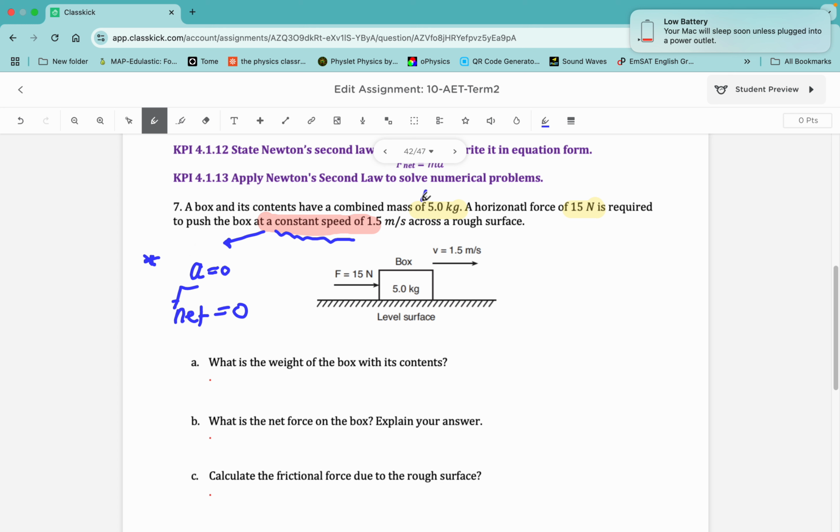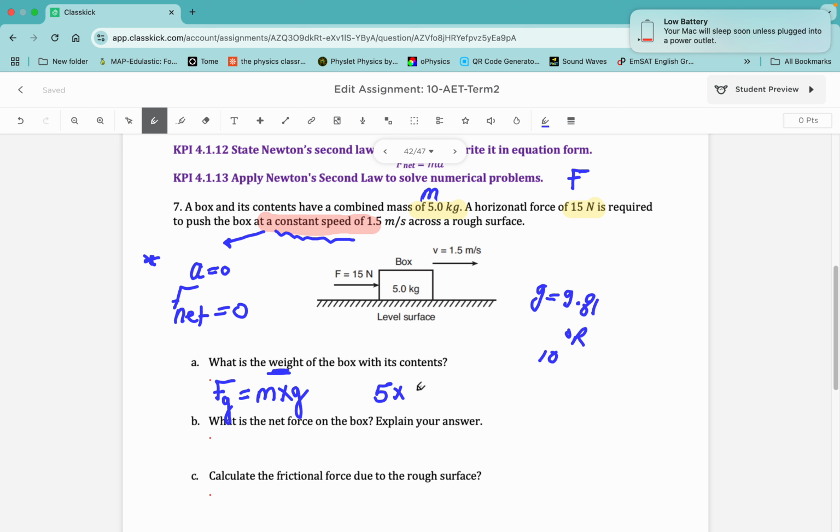So we have, this is the mass, this is the force, the applied force, and what is the weight of the box. So we know that weight, or the gravitational force, can be calculated by using the formula m times g. And of course, you don't need to memorize the formula. The formula will be provided. So the mass here is given as 5 kg, and g can be written as 9.81 or 10.